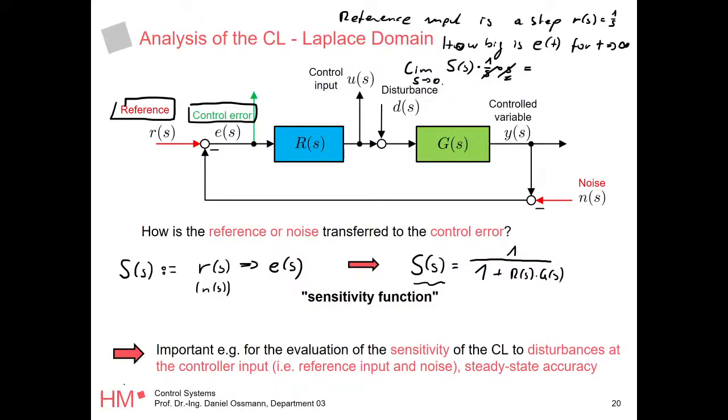Or the same goes if you say I have a disturbance input, which is an impulse, and I want to know my output variable y. So what you do is you compute the transfer function from d to y, which we will see in a second is g over 1 plus g times r. And then you do the final value theorem if you want to know what happens for large t. Okay? So the final value theorem and the initial value theorem do not change just because the transfer function changed, right? It's still the same.